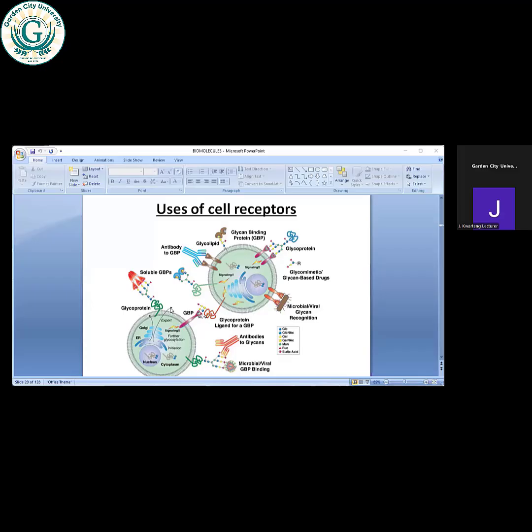And then the fifth one is that some carbohydrates have been implicated in aging. An example is D-galactose.